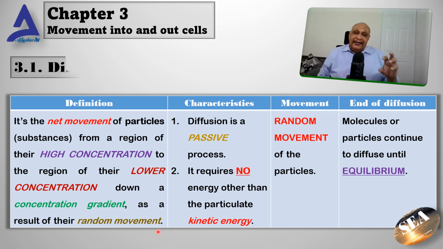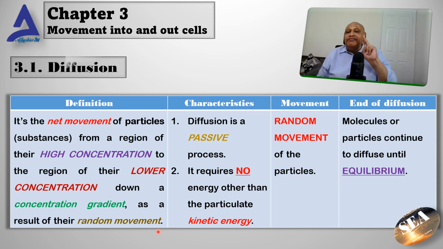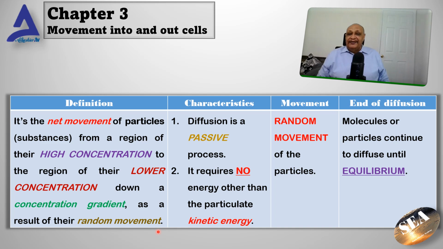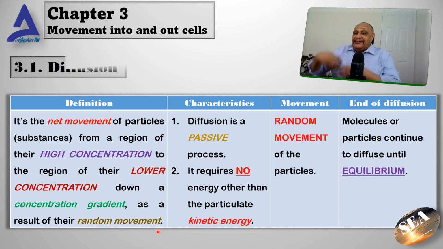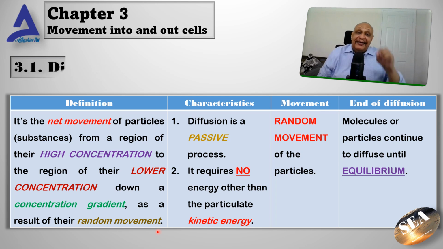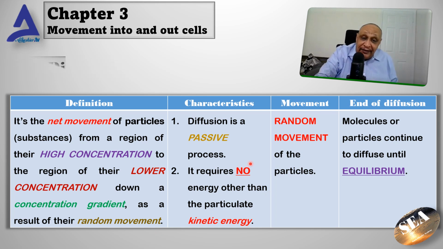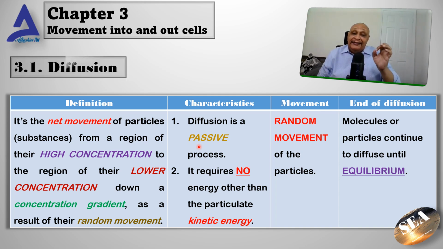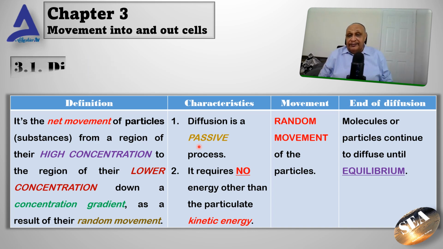This definition we would like to add two main characteristics. The first characteristic is that diffusion is a passive process. What do we mean by a passive process? We mean that the diffusion does not require an outside energy source.